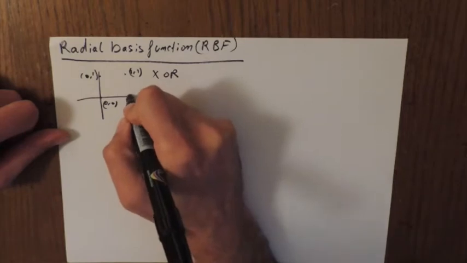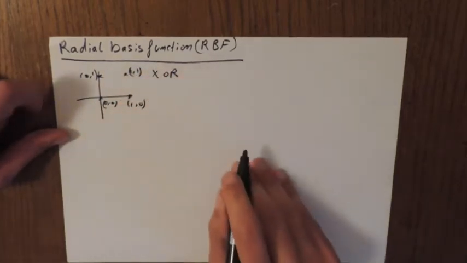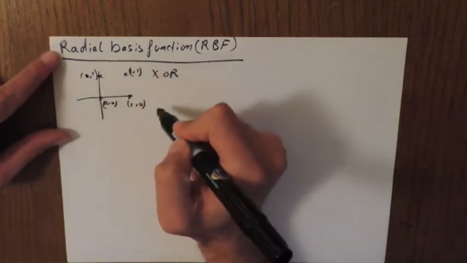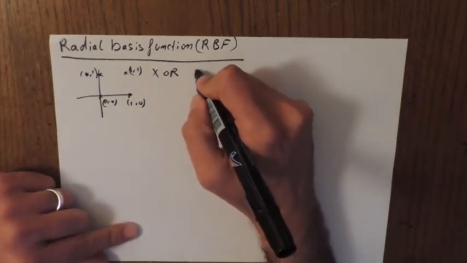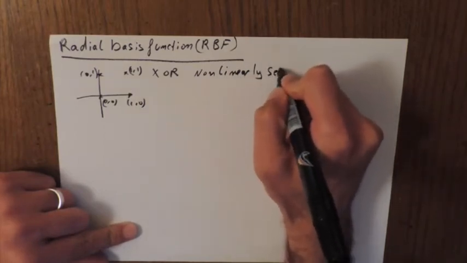And as we know, these two belong to a class and these two belong to another class. So typically we cannot have a line that is separating those two. So XOR has the characteristic of being non-linearly separable.